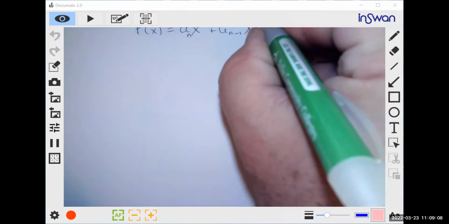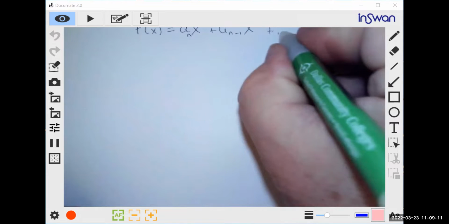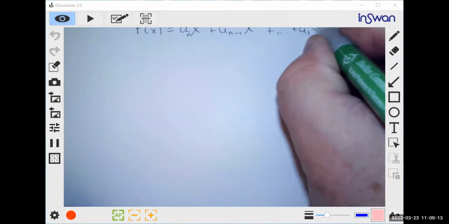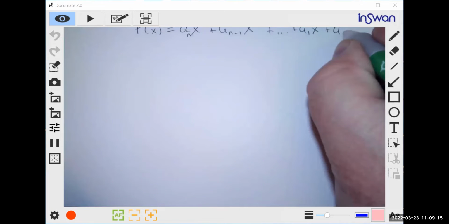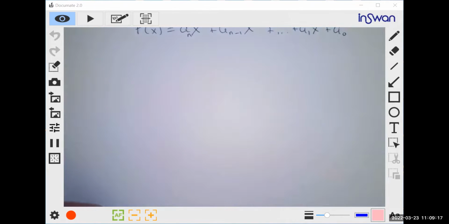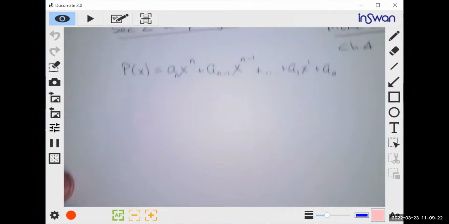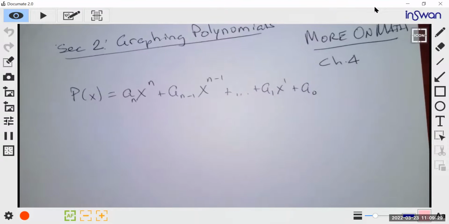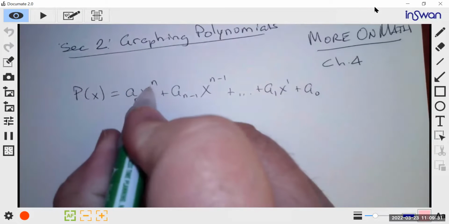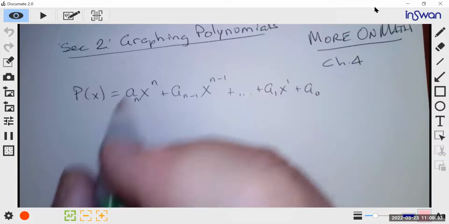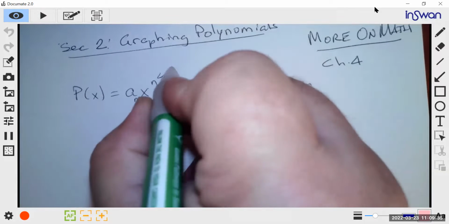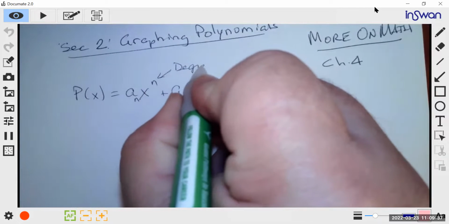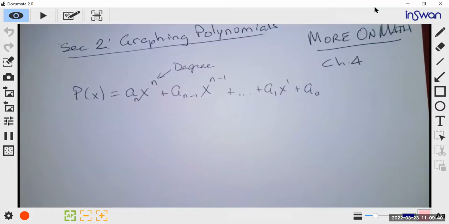Whenever you set up polynomials, we put them in decreasing order of the highest exponent. The highest exponent is called the degree of the polynomial.